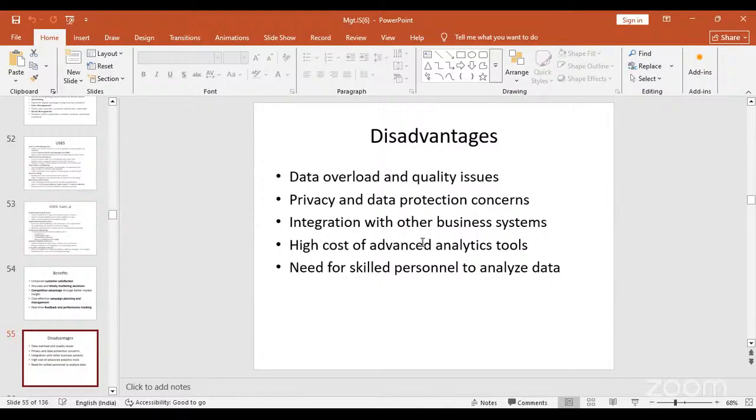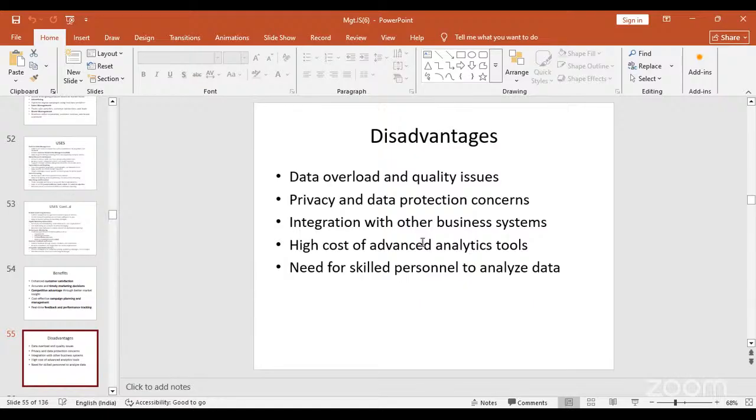Then privacy and data protection concerns are there, so it may lead to privacy issues for your organization. Integration with other business systems is also another disadvantage. It also has a high cost if you go for different types of advertising, digital as well as physical advertisement.